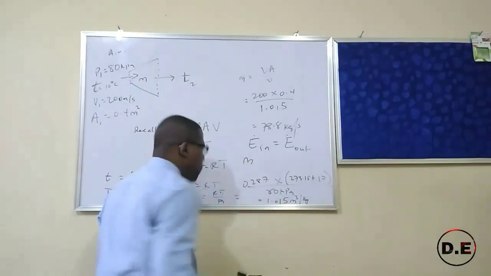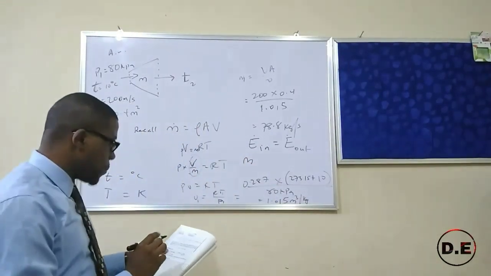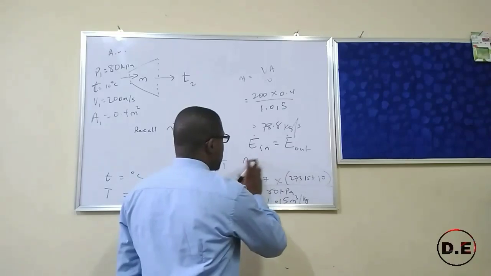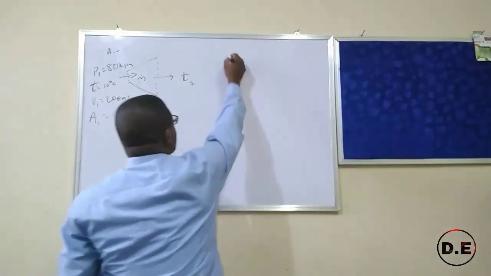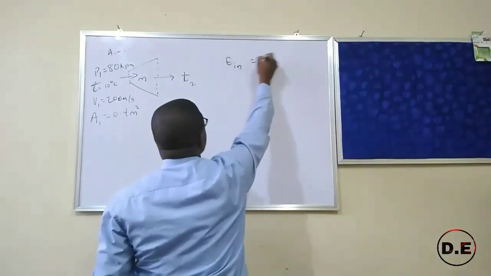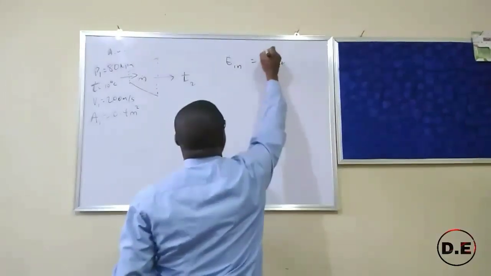m dot from our equation. Remember we have E in is equal to E out.